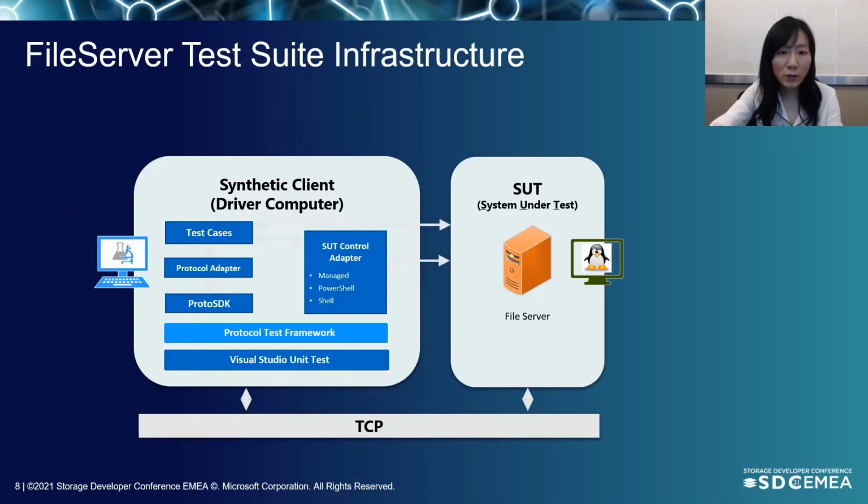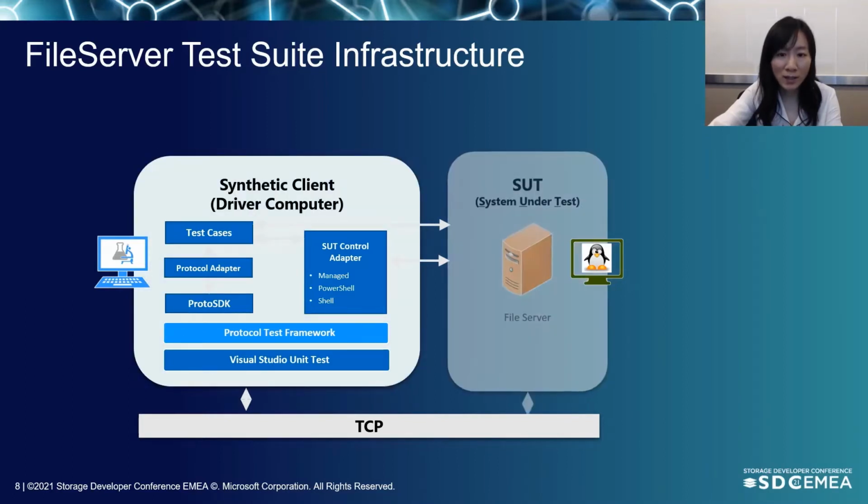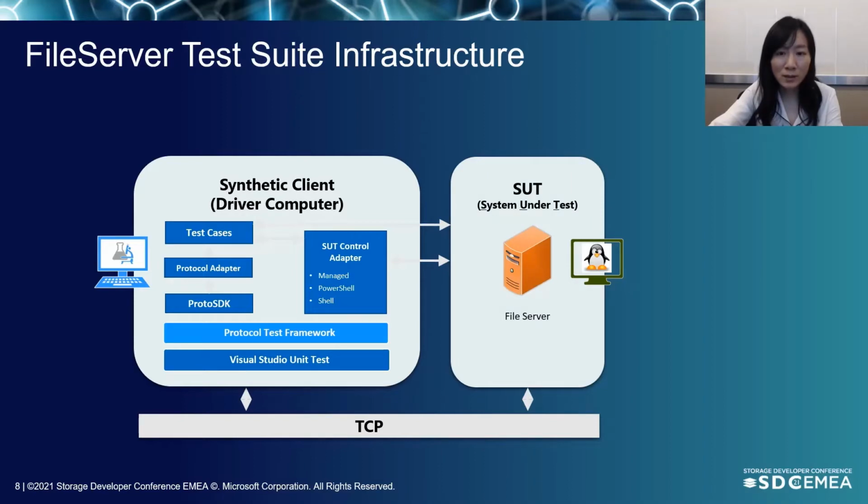Here is the infrastructure for FileServer Test Suite. We have the driver computer acting as the synthetic client to test against the SUT. The system under test is a file server that can either be on Windows, Linux, or other platforms. The underlying traffic goes through TCP. The FileServer Test Suite is developed on top of Protocol Test Framework, which is based on Visual Studio Unit Test.